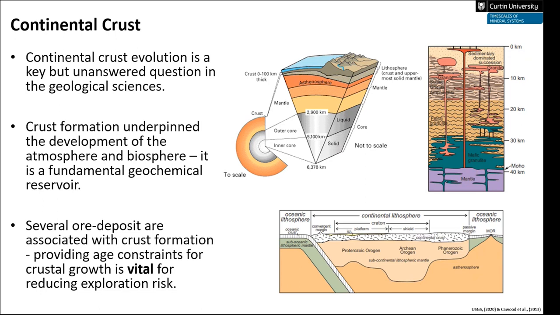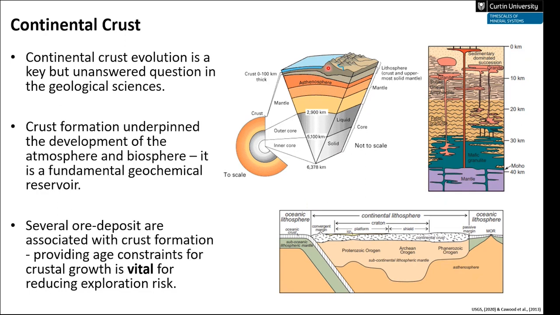And why is that? Well, several ore deposits are linked to the formation of continental crust, for example, orogenic gold. Most life is found in the crust, most biomass, around 80%, according to a recent study.